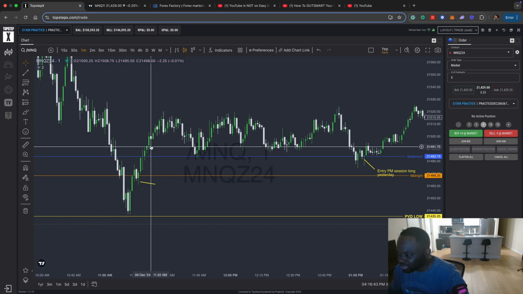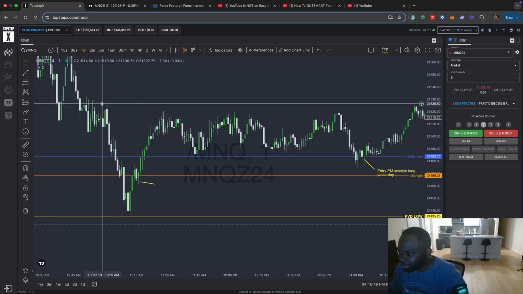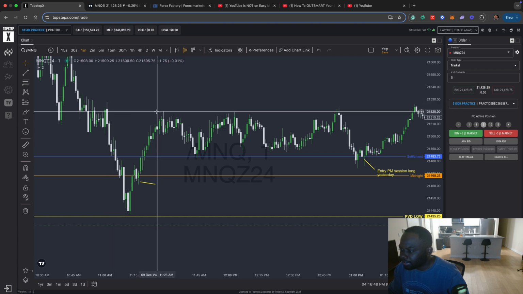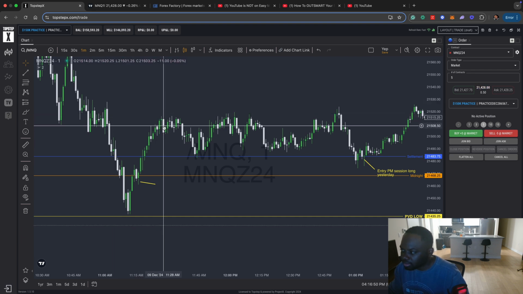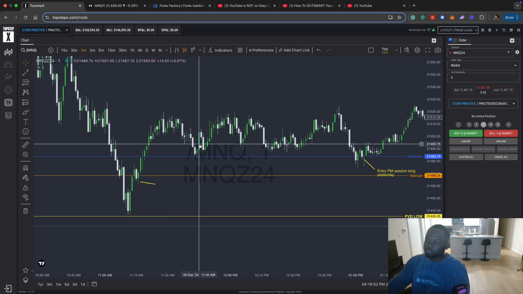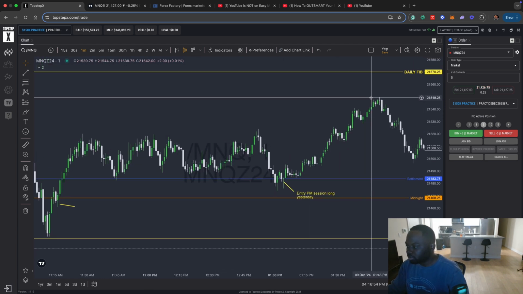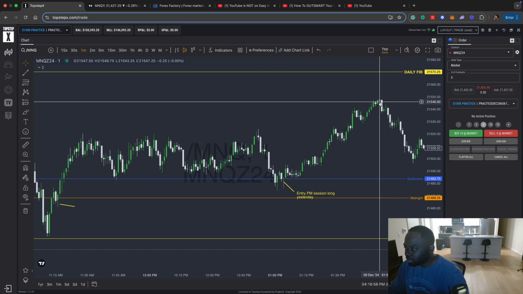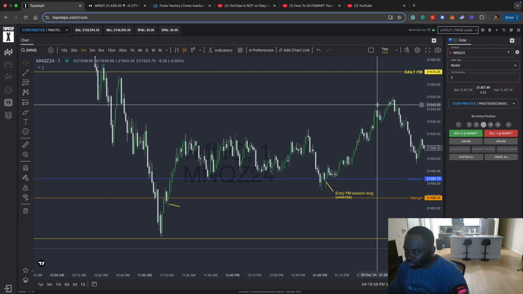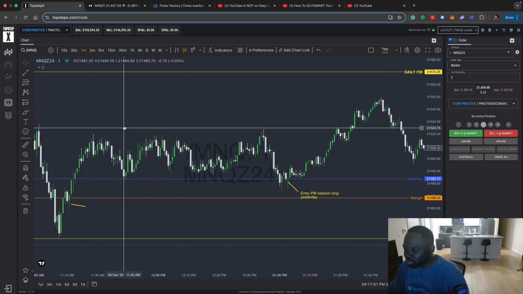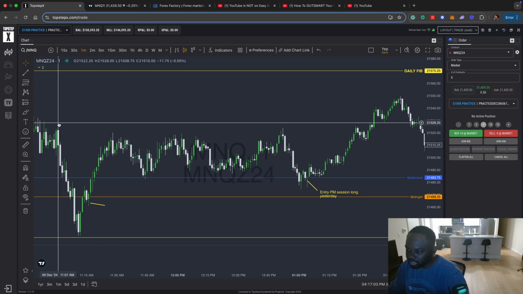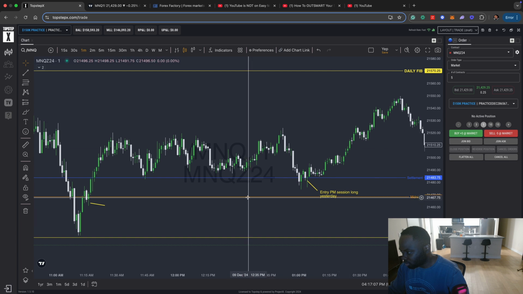That's my little entry. My target would be up here, but when you see rejections like this, if you don't want to hold for the long run, you can take it off right here. If you just kept holding, it would eventually hit by 150. This is the high that you would be targeting, but you would have to hold for most of the day.